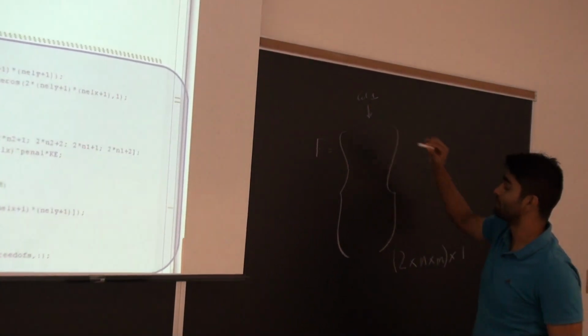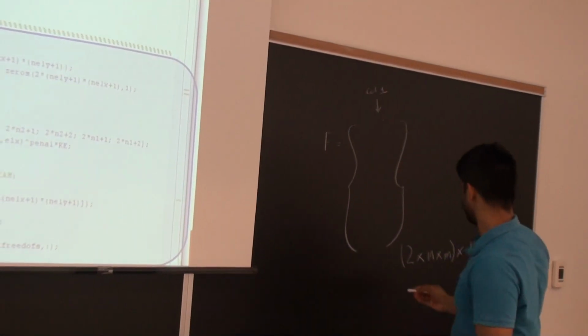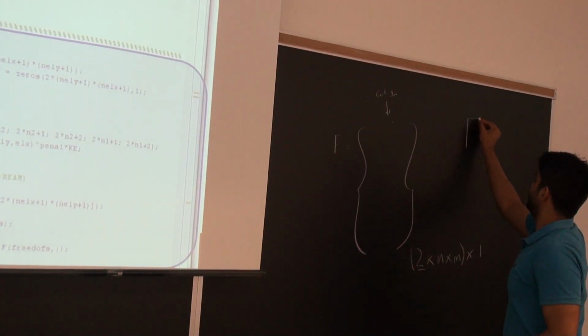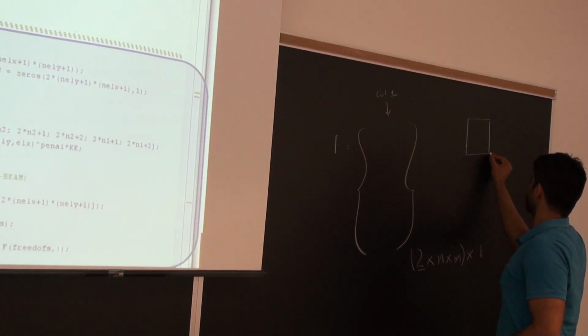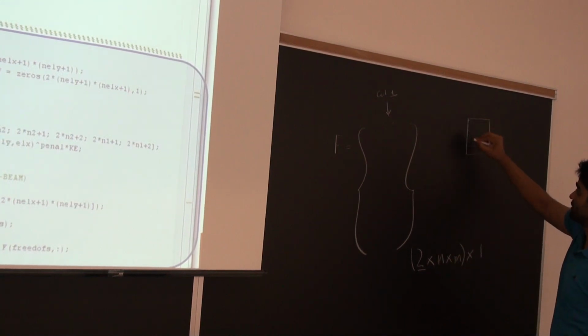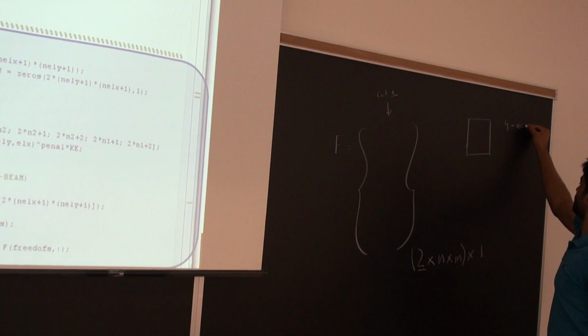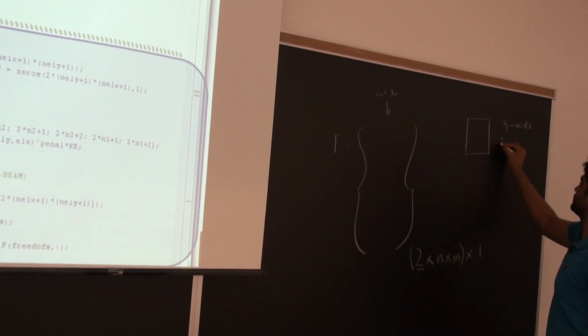So it has one column. Now the reason why we have a 2 here is because if we have an element like this, we have 4 nodes, but each node has 2 degrees of freedom.